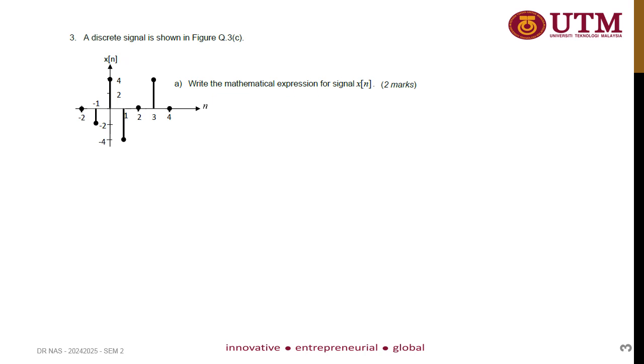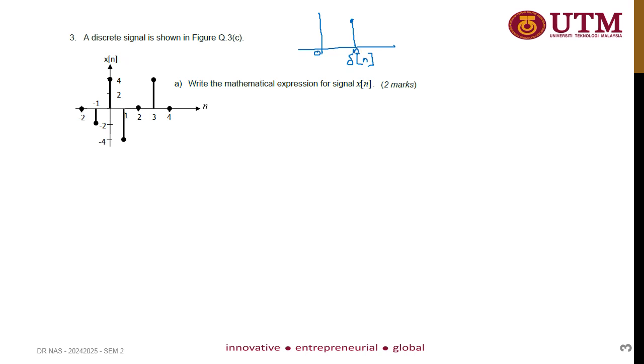You need to revise this: if you have only one point, this is known as the unit impulse, and the equation is delta of the n position. Depending on its position, it begins from 0 up to n. So again, you need to consider the shifting position.